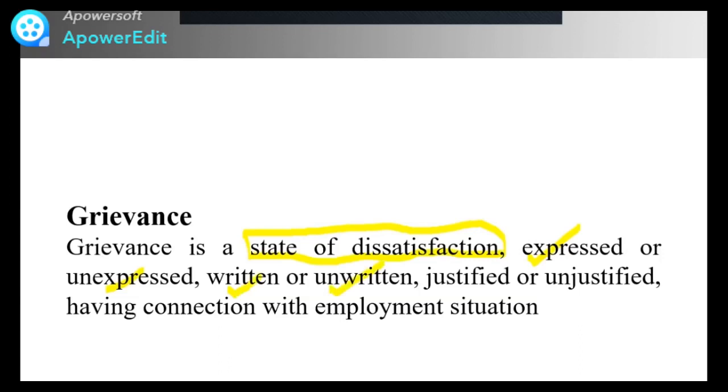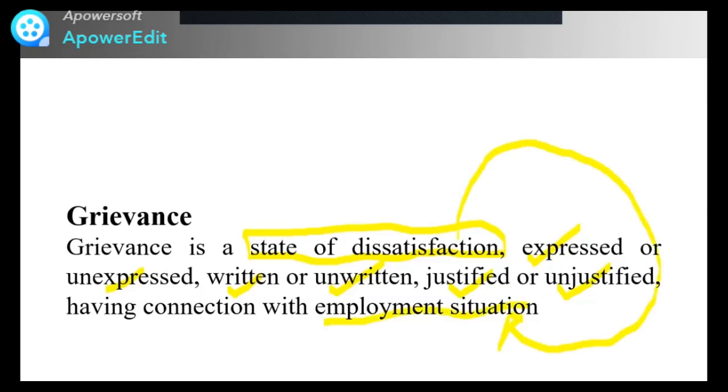The dissatisfaction may be justified or unjustified, real or not real, having connection with employment situations.